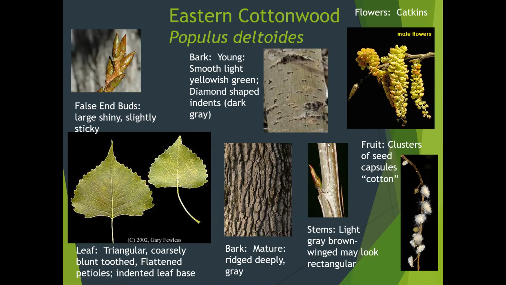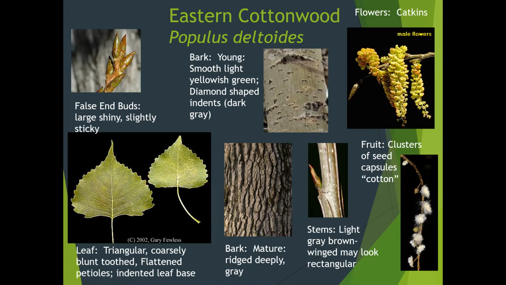One of the most unique things about their stems or the sticks is that they grow these little wings, and not every stem or sapling is like that, but it looks almost rectangular, and it's a dead giveaway. If you see these kind of ridges and wings, it's easier to see in 3D. I wish we could do that, but the stem itself almost looks rectangular, and that's a very strong indication that what you're looking at is an eastern cottonwood.